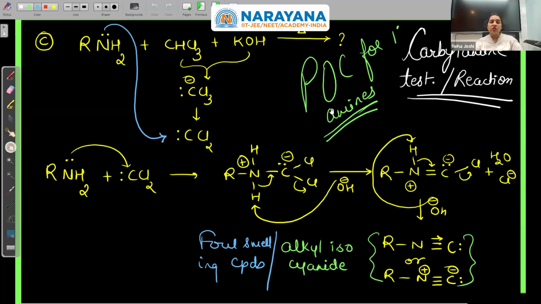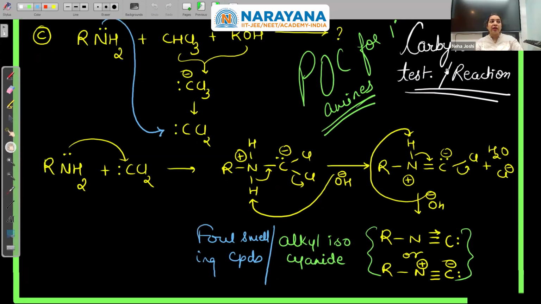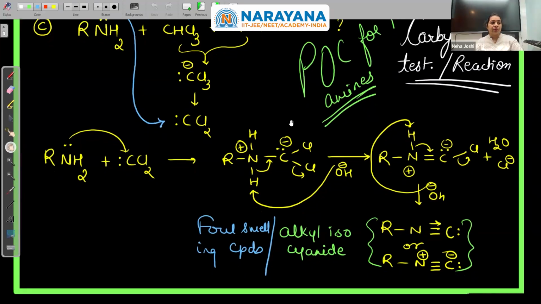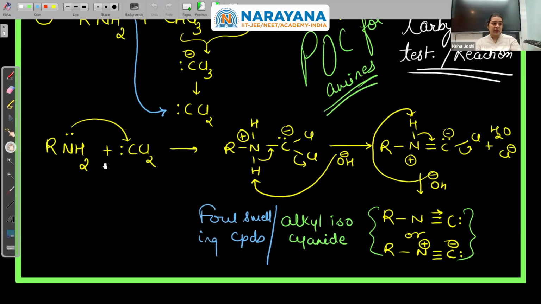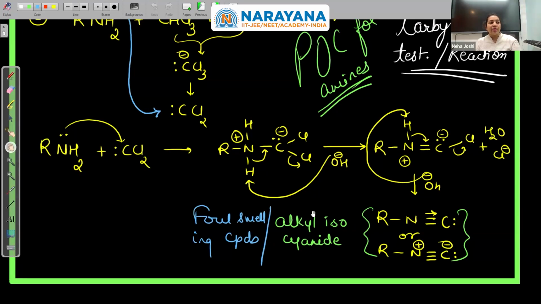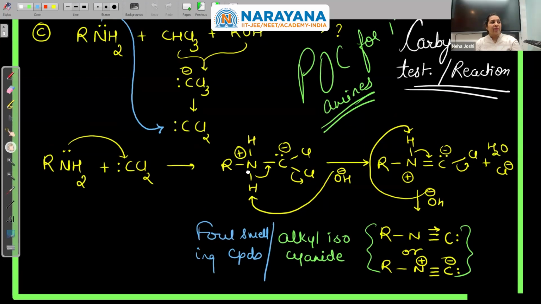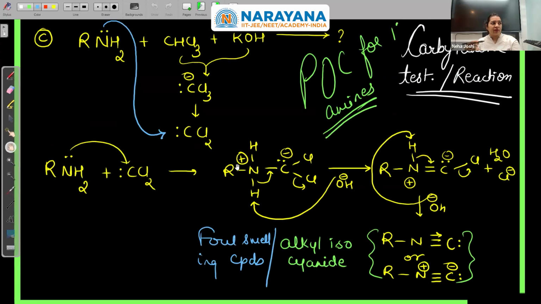This is the test for primary amines, the carbylamine reaction. Same reagent influencing three different important reactions. The last two are very important. Primary amine with dichlorocarbene gives alkyl isocyanide, the carbylamine test, a test of amines, a foul smelling compound. So the same thing is behaving in a different way.